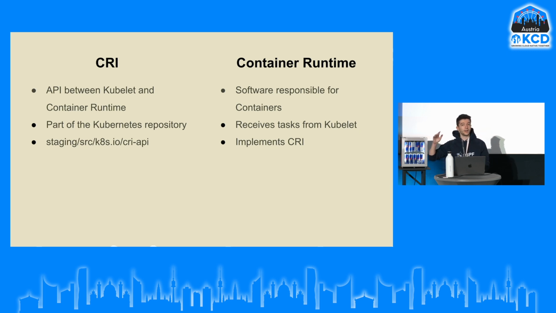There it's exactly defined what you need to do in order to be compliant with that specific API. On the other hand, the container runtime is the software responsible for containers. So it receives the tasks from kubelet and it implements that specific API, which is the CRI.